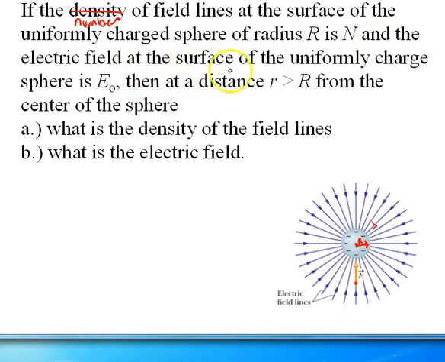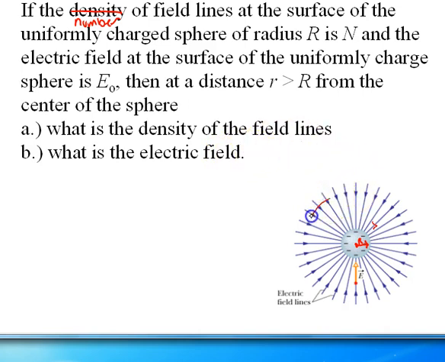It says the electric field at the surface of that uniformly charged sphere is E naught. Then at a distance of capital R greater than the radius from the center of the sphere, what is the density of the field lines and what is the electric field?